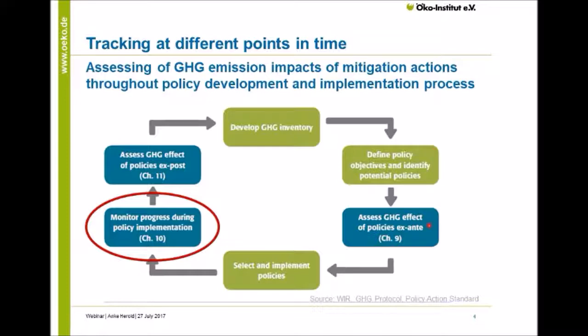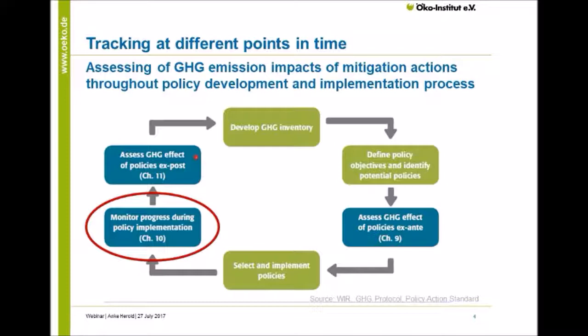Then, as part of the tracking process, countries often assess greenhouse gas effects of policies ex ante, so they make future estimates in relation to their emissions, in relation to a sector or a category, and in relation to the policies, and try to get an understanding of what the potential impacts of mitigation action could be. On that basis, the selection and implementation happens. Then there is a process of monitoring of progress during the policy implementation. And after you have implemented policies, you could also do an ex post evaluation of policies.